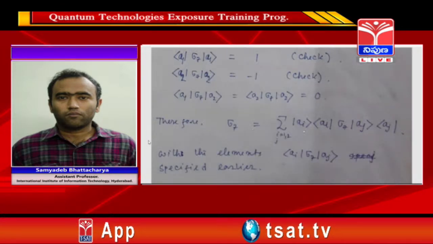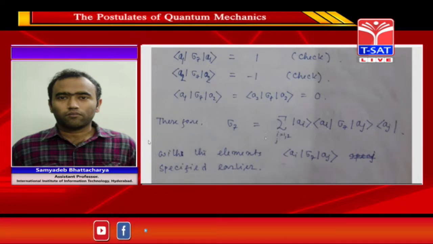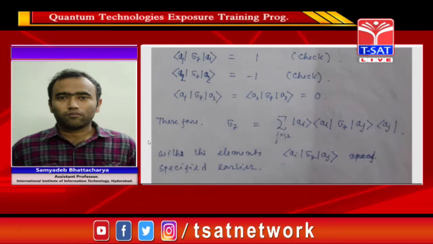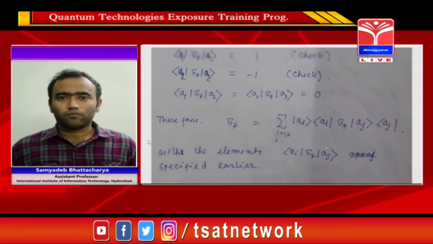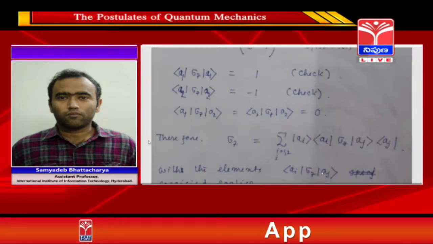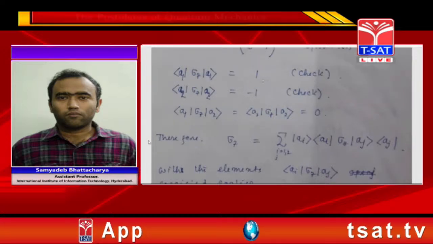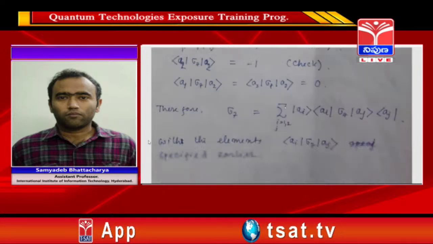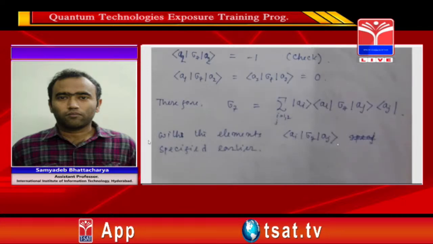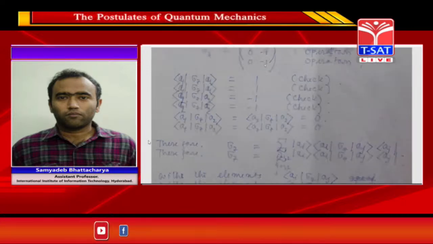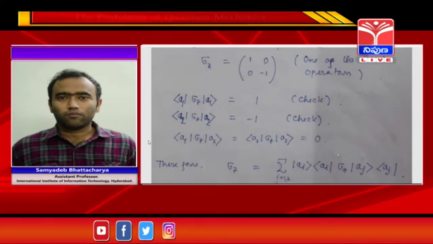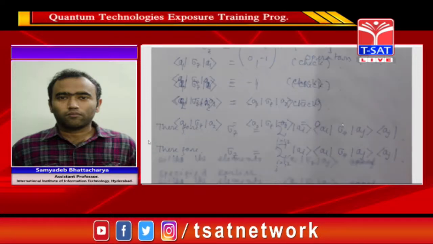So sigma z can be written as the sum over I, J of A I, sigma z, A J. These are the specific elements: the diagonal element A1 sigma z A1 is 1, the other diagonal element A2 sigma z A2 is minus 1, and the off-diagonal elements are 0.